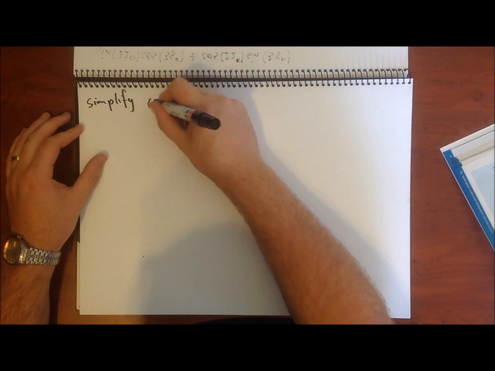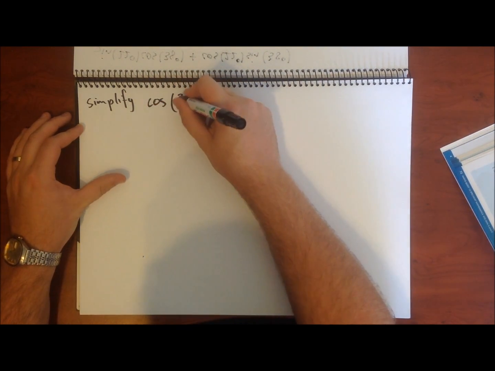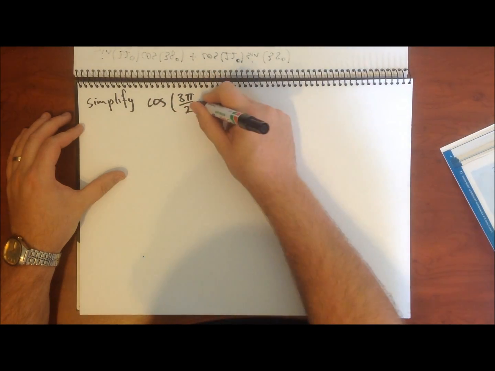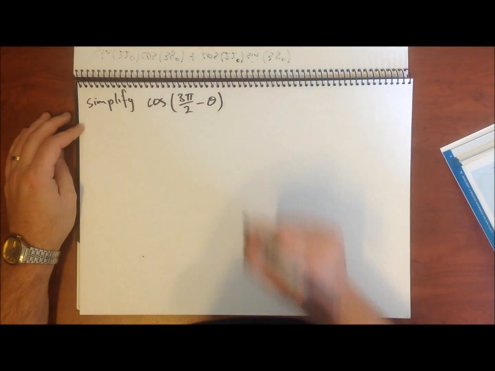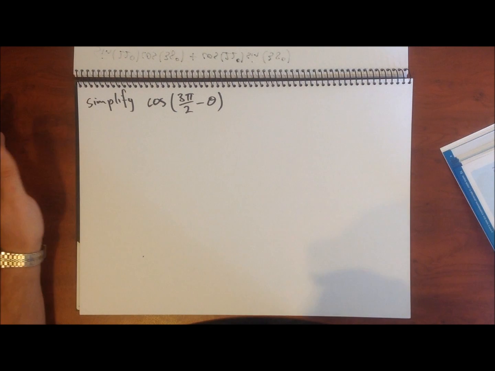Simplify cos of 3 pi on 2 minus theta. Okay, so we need to think, which one are we using?